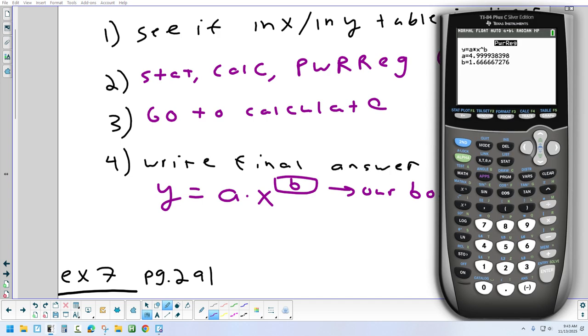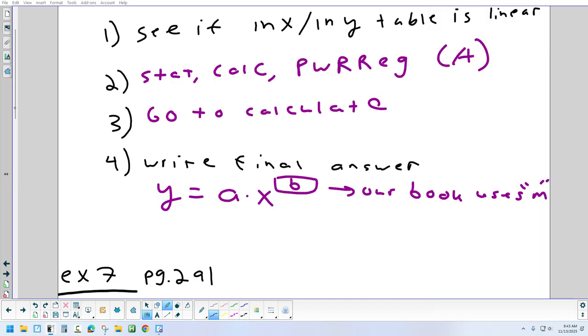Okay, so let's take a look. You do want to round that appropriately. So if we round that off, what's the a value? I think our a value is 5. I'm going to round the a value to 5.